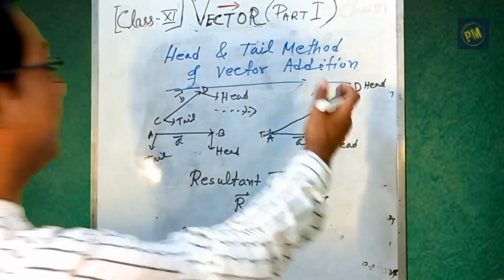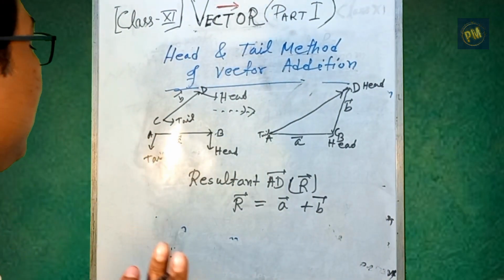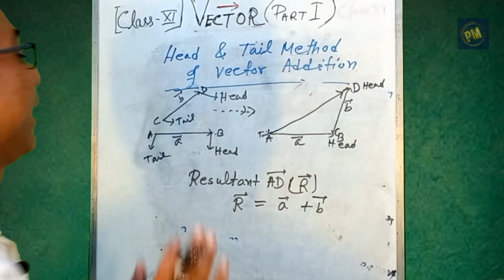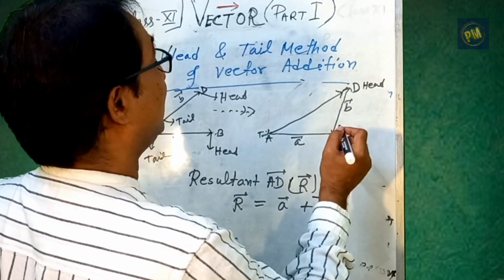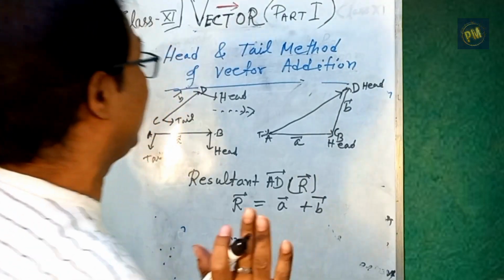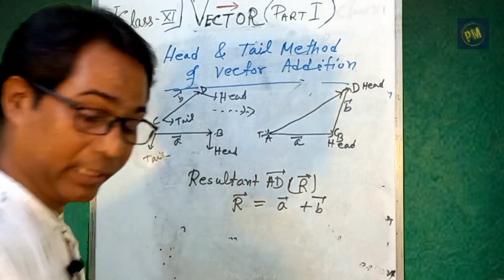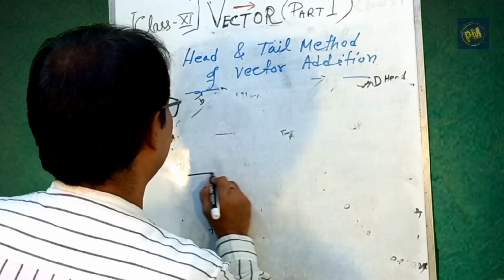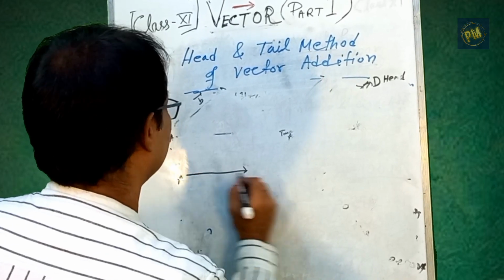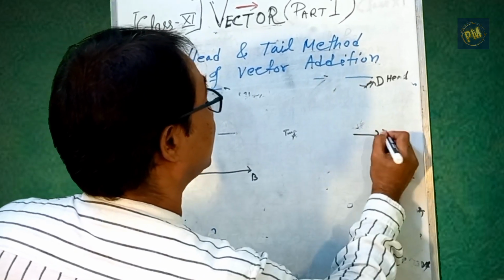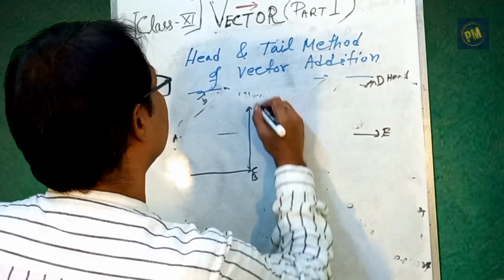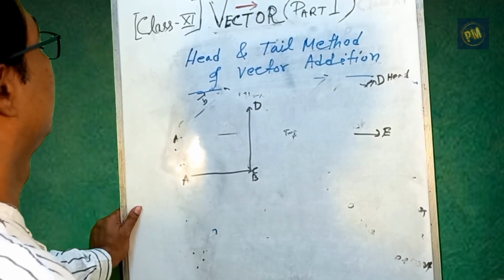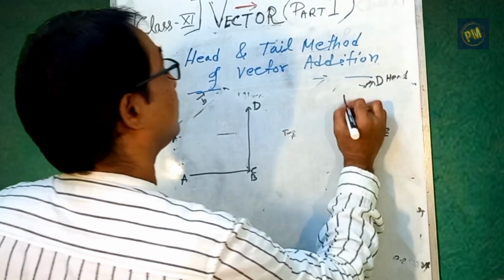You can say this by the head and tail method. But you can't find out the value in this case because the angle between the two vectors is not fixed here. So take another example. The vector AB is in the east direction, this is the east direction, and vector CD is along the north direction.